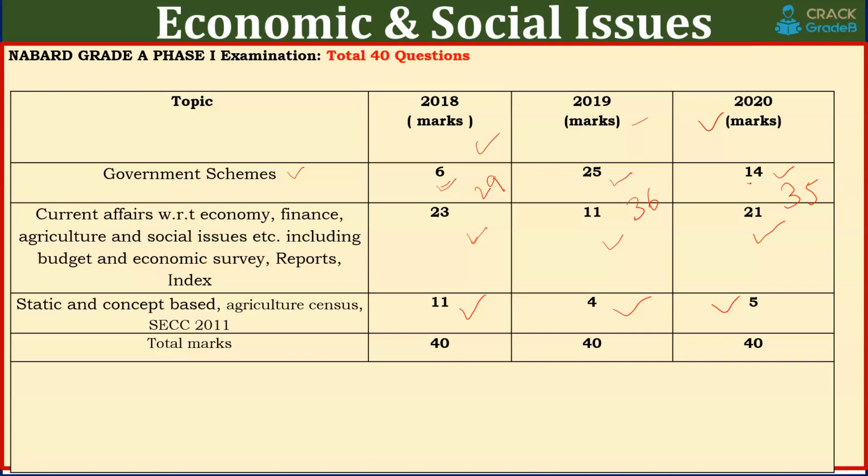The majority of the schemes asked in NABARD are from rural development, schemes which are in the news in the last 6 months, and new schemes released by the state governments, various state government schemes, and agriculture ministry schemes, animal husbandry, Ministry of Fisheries, Animal Husbandry and Dairying schemes.